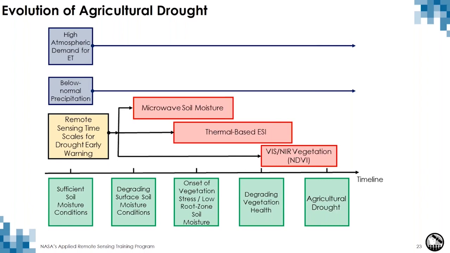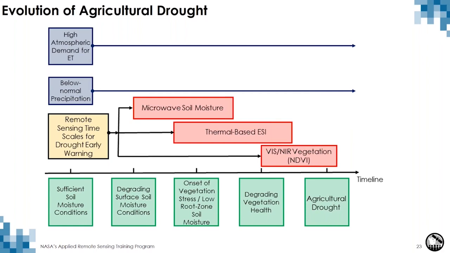Our thermal-based method with ALEXI and a derivative product called the Evaporative Stress Index, which I'll talk about in the next slide, really is looking at the plant dynamics of the onset of vegetation stress. And then you look at something where the vegetation is now to the point where it's becoming damaged, it's turning brown, it might not be as green as it's supposed to be. You can start to use NDVI to see that.